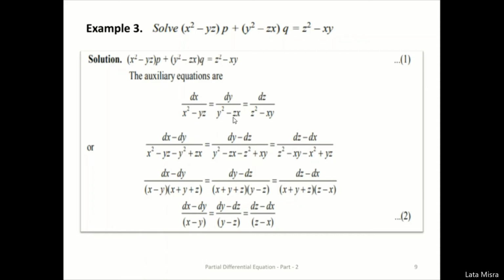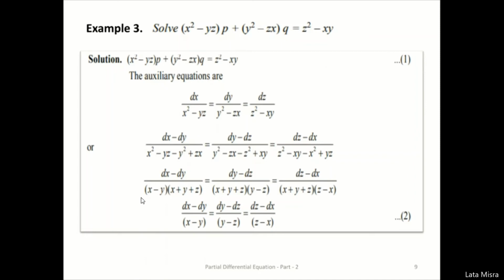When we solve it we get x² − yz − y² + zx. Similarly we subtract dy − dz in the numerator, and in the denominator we subtract y² − zx and z² − xy. Similarly we find dz − dx.